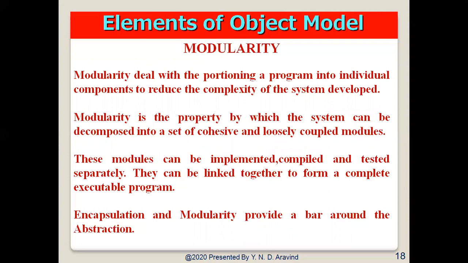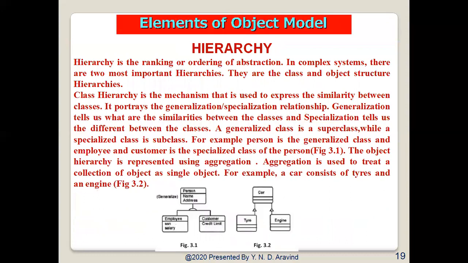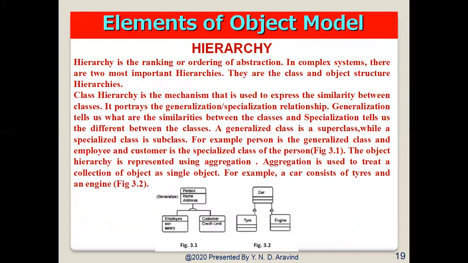Coming to the meaning of hierarchy, abstraction is a good thing, but in all aspects, even the most trivial applications may have different abstractions that we can comprehend only one at a time.